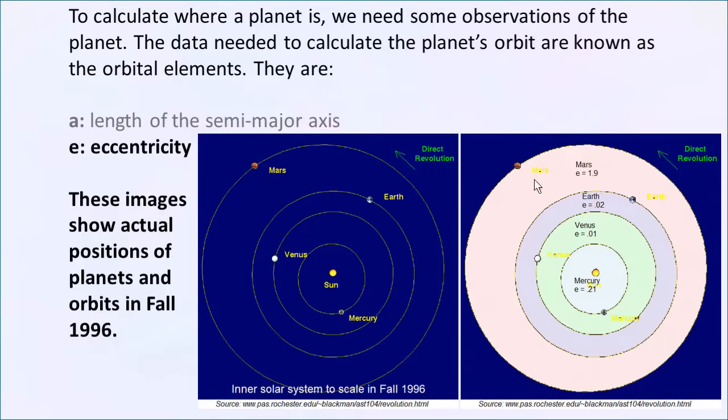And on the right side, I colored it in, because when I colored it in, it becomes clearer what's going on. And notice that Mercury has a high eccentricity of 0.21. The sun is way over to the upper right, it looks like. See what I'm saying? This pale purplish color circle, and there's the sun, the yellow.